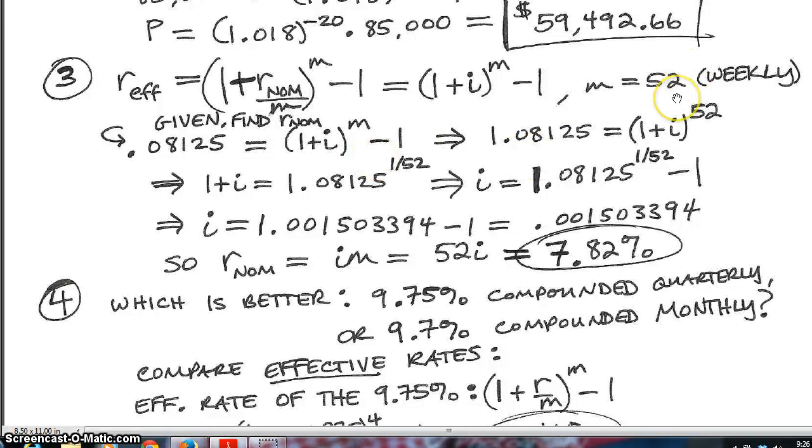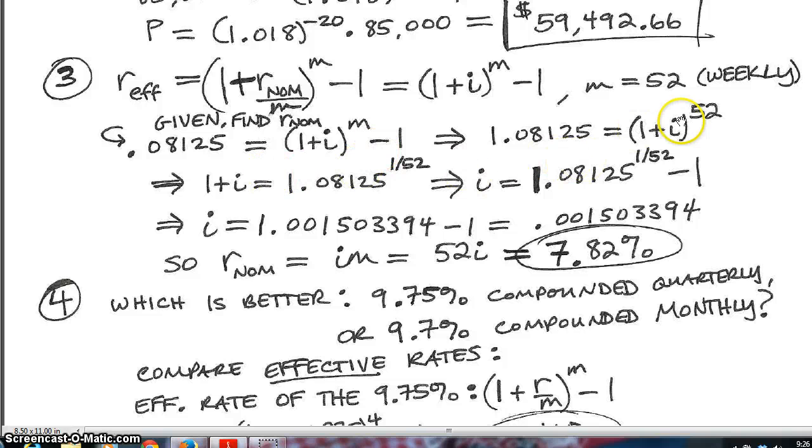Since we're solving for I, the only way we can get rid of the 52 power is to raise everything to the 1 over 52. Or, if you want to think of it in terms of radicals, you're taking the 52nd root. So 1 plus I is 1.08125 to the 1/52nd power.